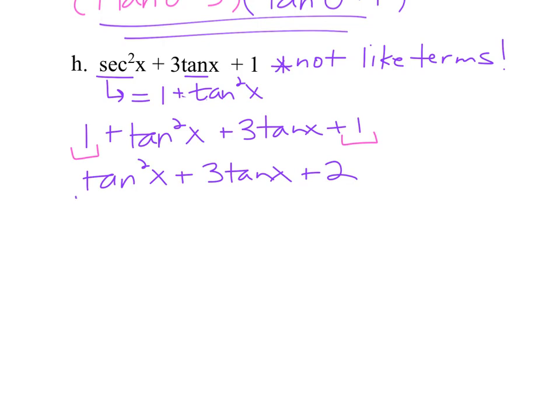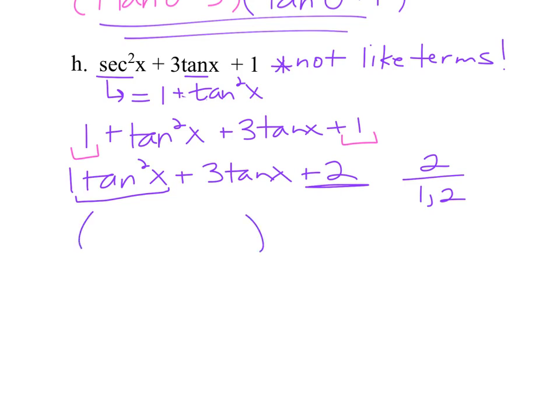Our tan squared term doesn't have a coefficient written out in front, so it defaults to 1, which is nice for us because then we don't have to do the a times c method. We can just split that constant value. And the only way you can factor 2 is 1 times 2. Lucky for us, 1 plus 2 is 3. So this one actually is pretty easy to factor once we recognize which Pythagorean identity is helpful.